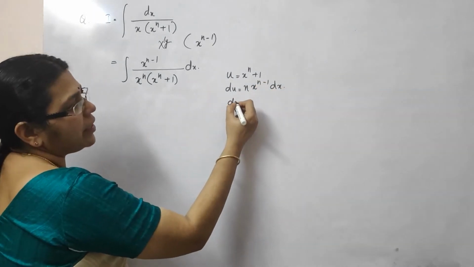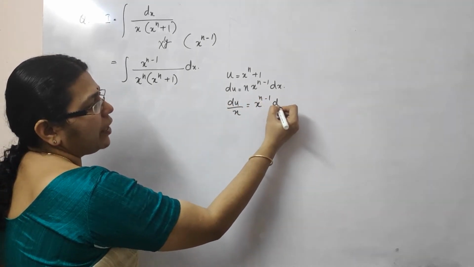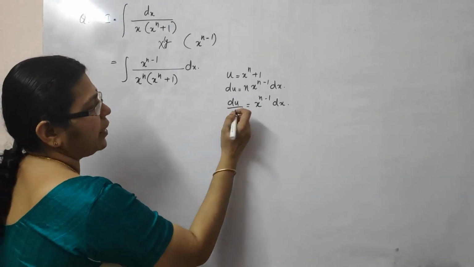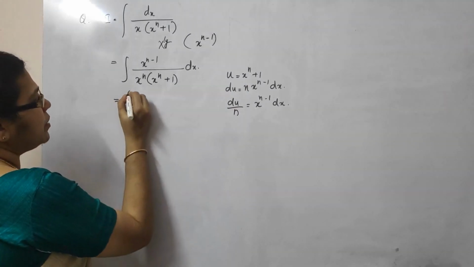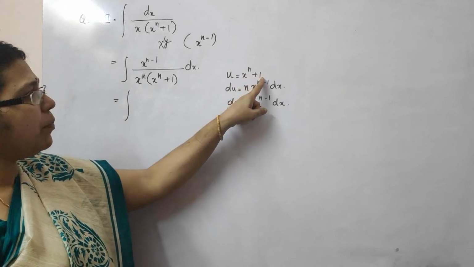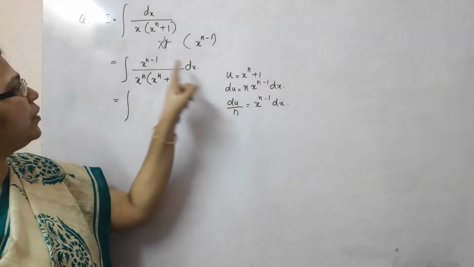So I have du by n is equal to x raised to the power of n minus 1 into dx. Now here my n looks like x, so this is n. So this integrand becomes, sorry, x raised to the power of n minus 1 into dx.